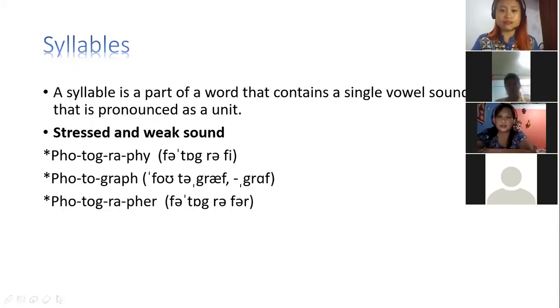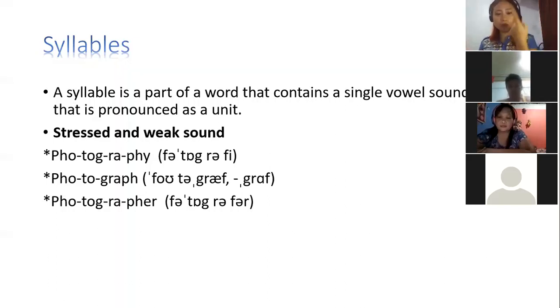Okay, vowel. Try to say it like how I say it. Vowel. Okay, that sounds much better. This is pronounced as a unit. So syllable, part of a unit.